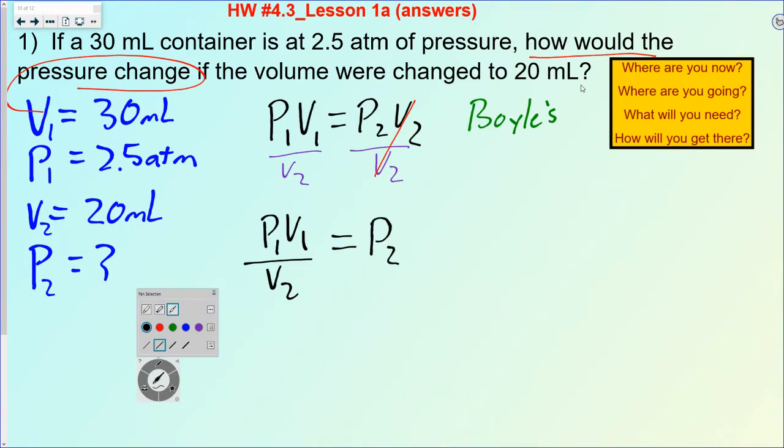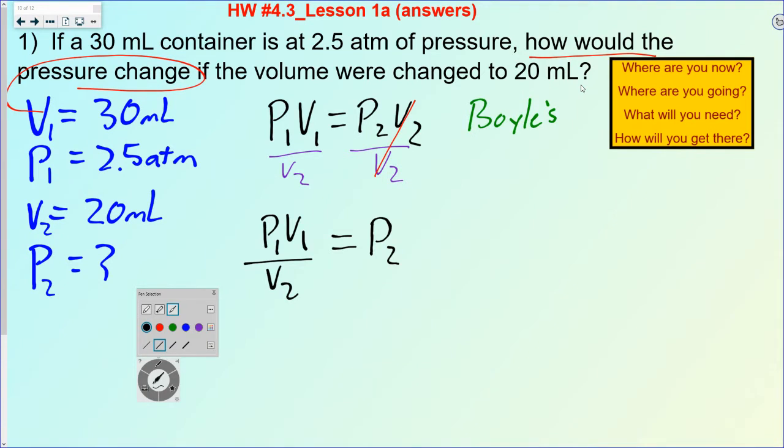You can see that by dividing both sides by V2, we can cancel it out on the right side and then transfer it over to the left side. Now we still have all four variables, but our unknown is isolated, meaning it's all alone.